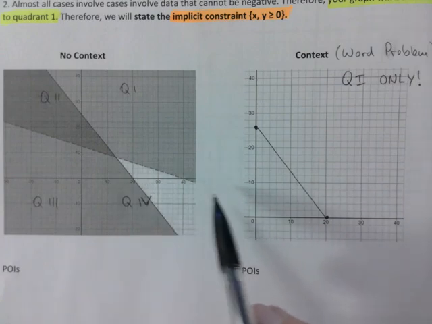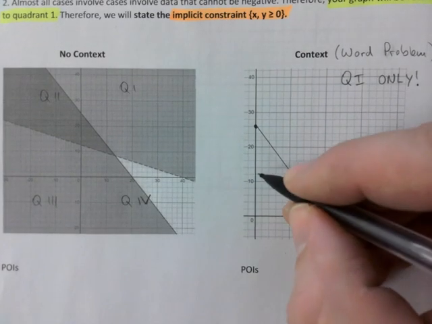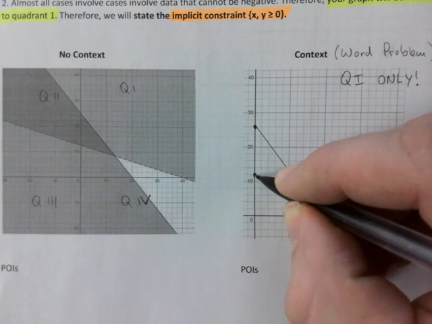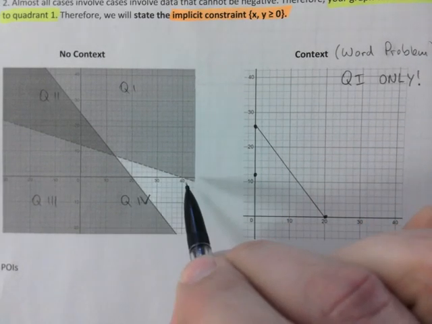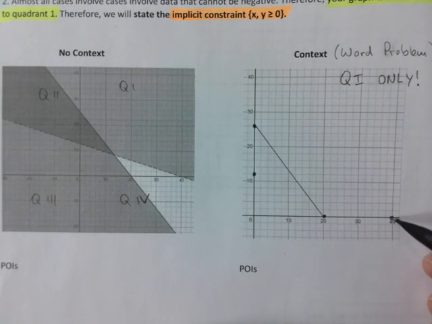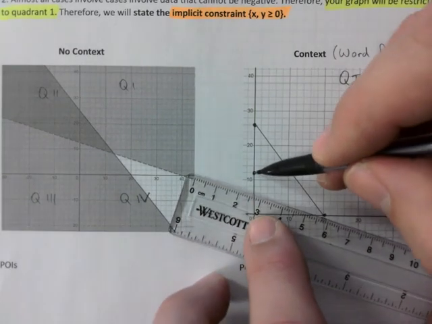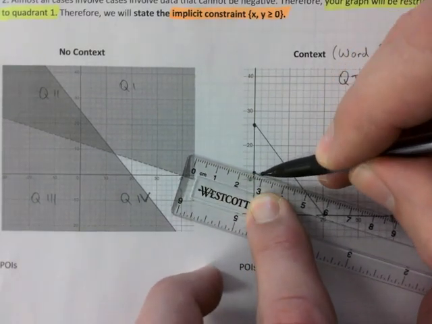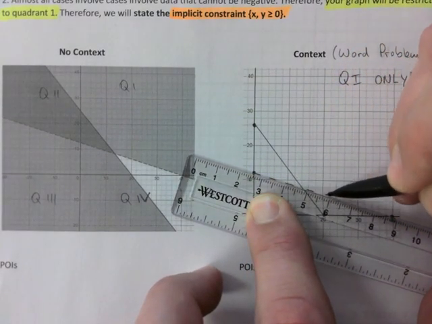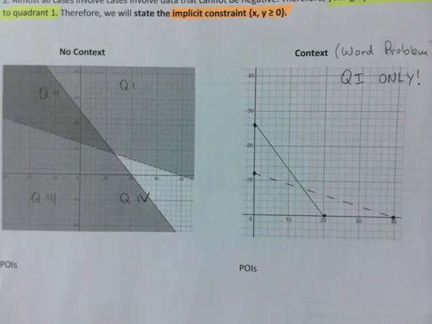Then we're going to follow the dashed line. It goes through one box over 10, and it goes through 40, 0 right there. I'm going to make that my dashed line. Do not go past the axes. Very important.